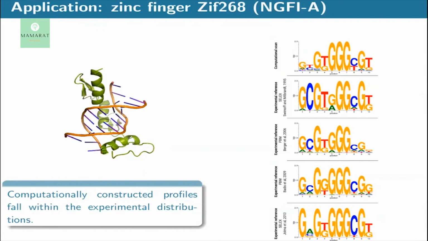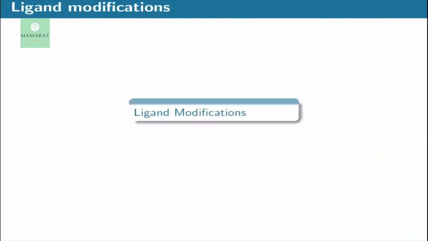I'm not going into the details here, but our computational profile is very much indistinguishable from the experimental ones. So it could be considered to fall well within the experimental error of identification of these profiles.